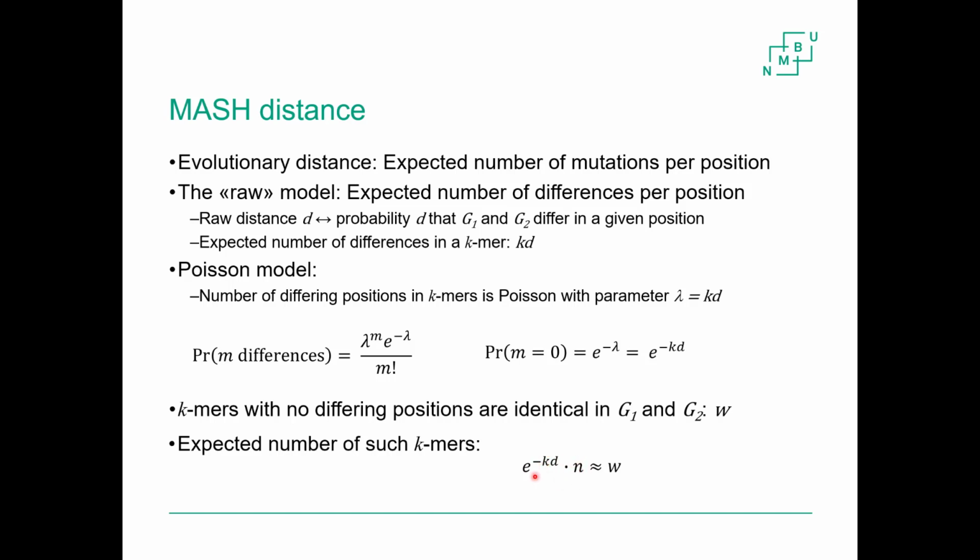So again, this is like coin flipping, but now here is the probability of having no difference. If you multiply this with how many k-mers you have, then you have approximately what you observe, the number of identical k-mers, k-mers without differences. Notice there is an approximation here, because this expected value is never exactly what you observe.